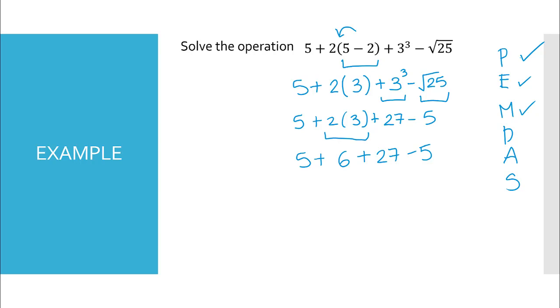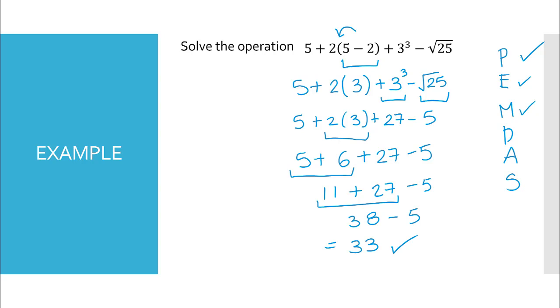So we first solve 5 plus 6, that gives us 11, plus 27 minus 5. 11 plus 27 gives us 38, minus 5. 38 minus 5 gives us 33. And that is the answer to this problem.